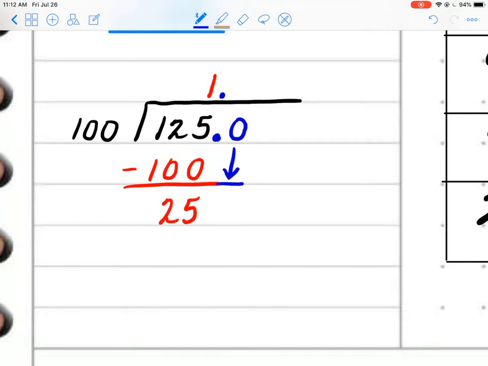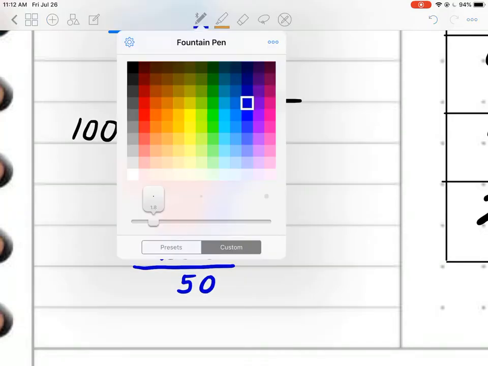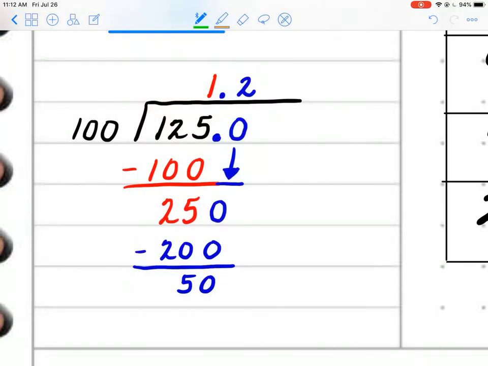Now don't go hog wild with those zeros. Just add 1 at a time. 100 into 250 is 2 times, because 2 times 100 is 200. So we will have 50 left over. So let's add another 0 and keep it lined up. Bring it down.